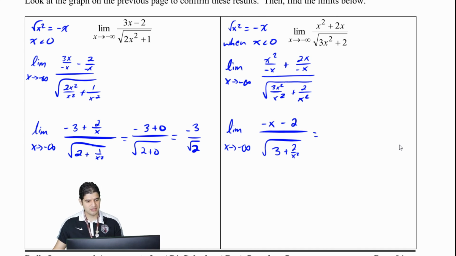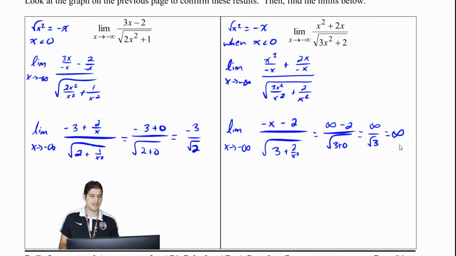So I get negative infinity, so positive infinity minus 2, which won't really matter, over the square root of 3 plus 0. So I get infinity over the square root of 3 equals infinity. Because if you take infinity and divide it by anything, it's not really going to affect it. It still will be infinite.